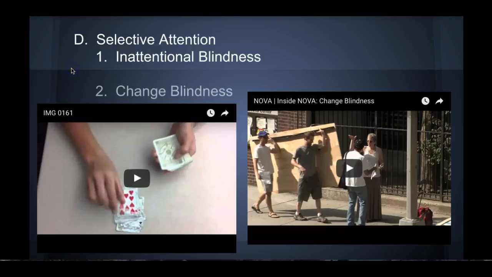Change blindness, on the other hand, is when something changes in the environment and you don't notice it because it changed. A practical example of this is when somebody gets a haircut or styles their hair differently. Girls are more likely to pick up on it.